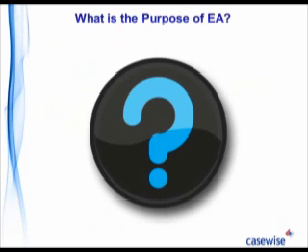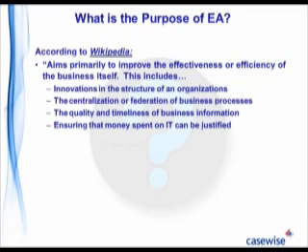So we're going to start out just by establishing a few thoughts up front. What is the purpose of enterprise architecture? Well, if we go to Wikipedia, some of the comments shared there are EA aims primarily to improve the effectiveness or efficiency of the business itself. So what does this include?